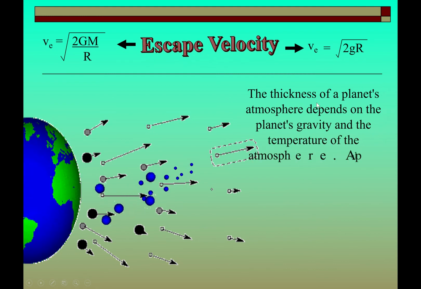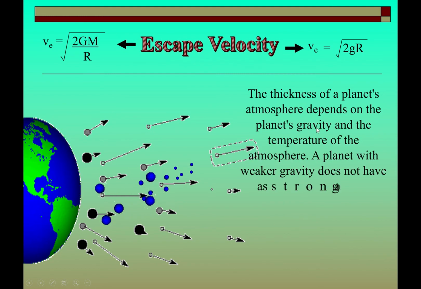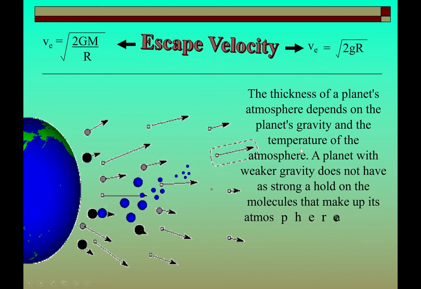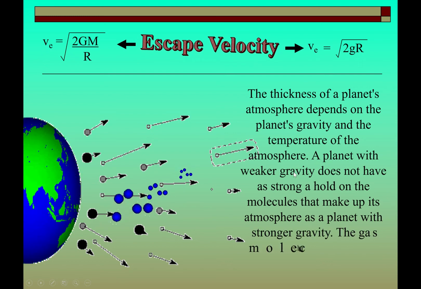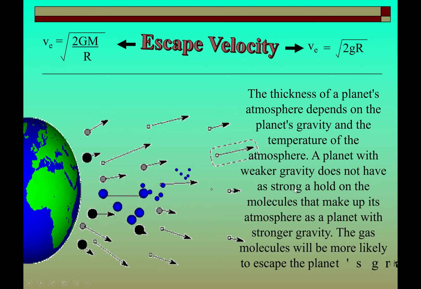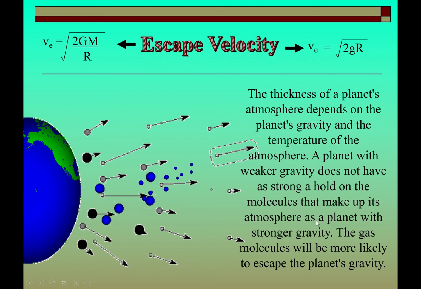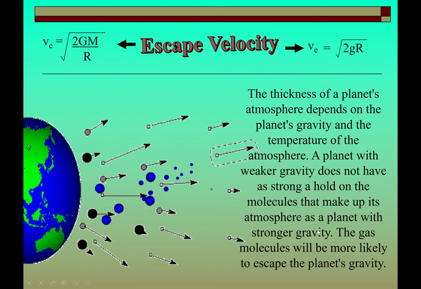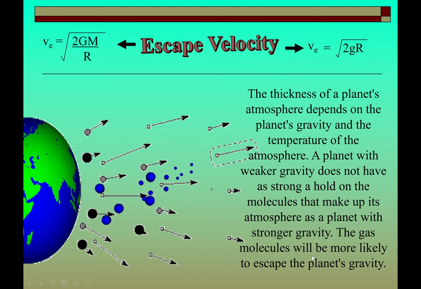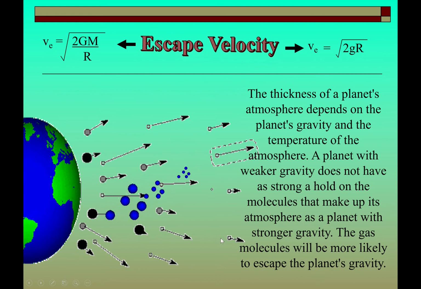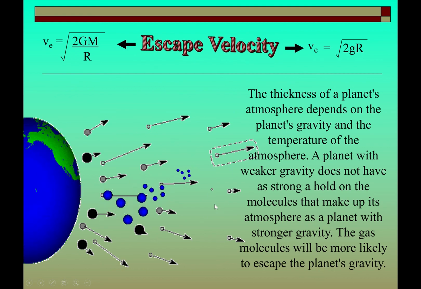The thickness of a planet's atmosphere depends on the planet's gravity and the temperature of the atmosphere. A planet with weaker gravity does not have as strong a hold on the molecules that make up its atmosphere as a planet with stronger gravity. The gas molecules will be more likely to escape the planet's gravity.